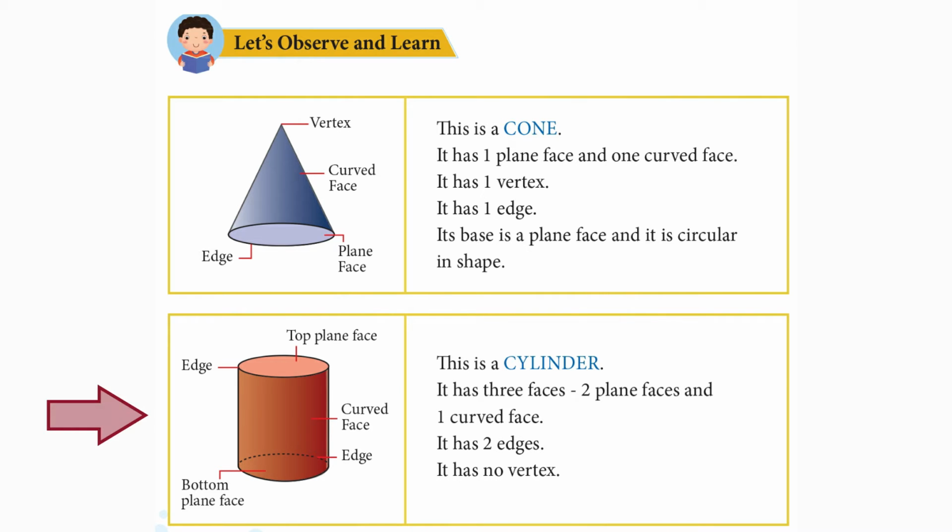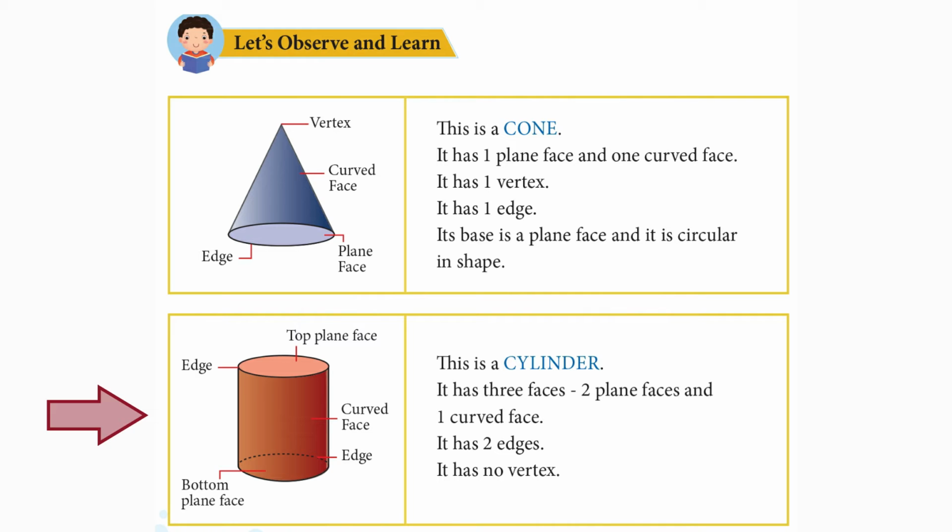This is a cylinder. It has 3 faces, that is the top plane face, the bottom plane face, and the circular face or the curved face. How many edges does it have? It has 2 edges.